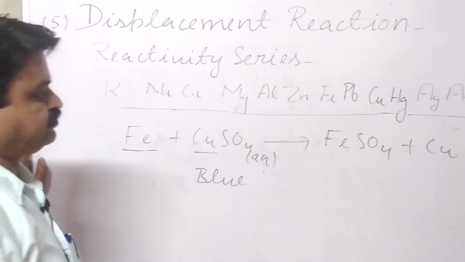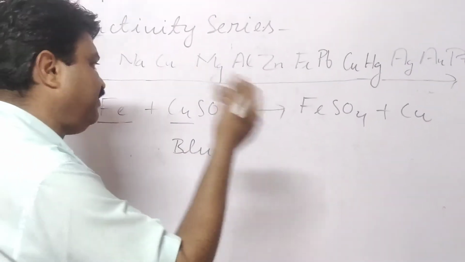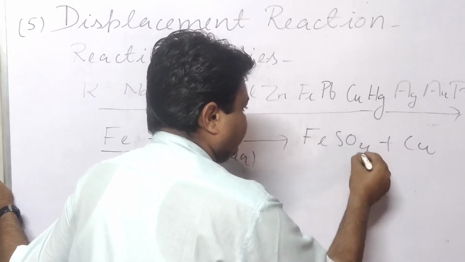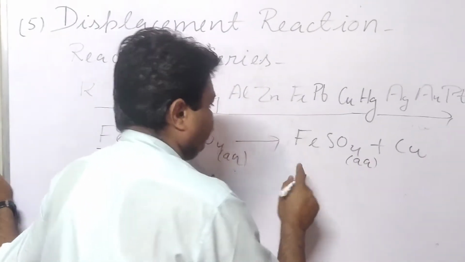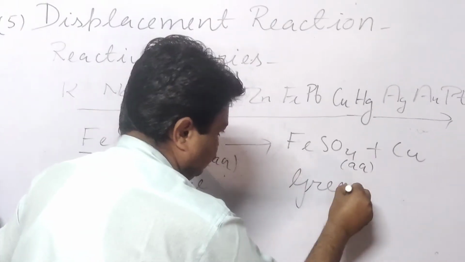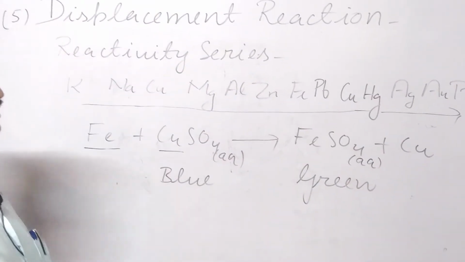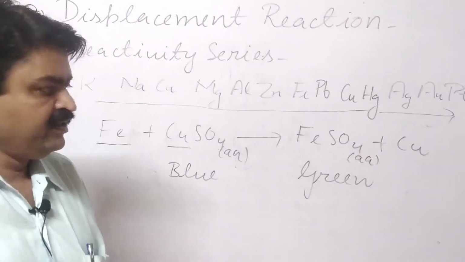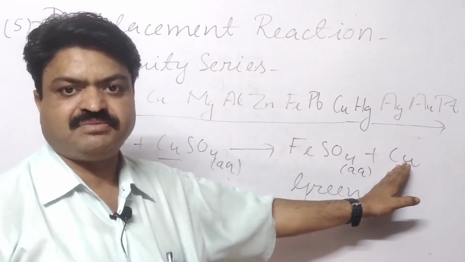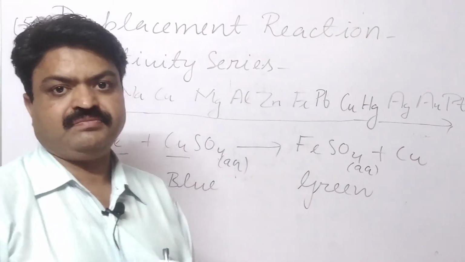And after some time, we will get the iron sulfate solution, which has a light green color. And at the bottom of this solution we will get a brownish substance, that is copper.